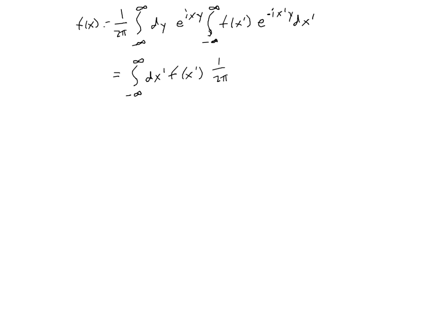And then I have 1 over 2 pi times the integral from minus infinity to infinity of the exponential terms, which I'm going to combine, dy. And so what happens is we take this second part here and we define that as a delta function.